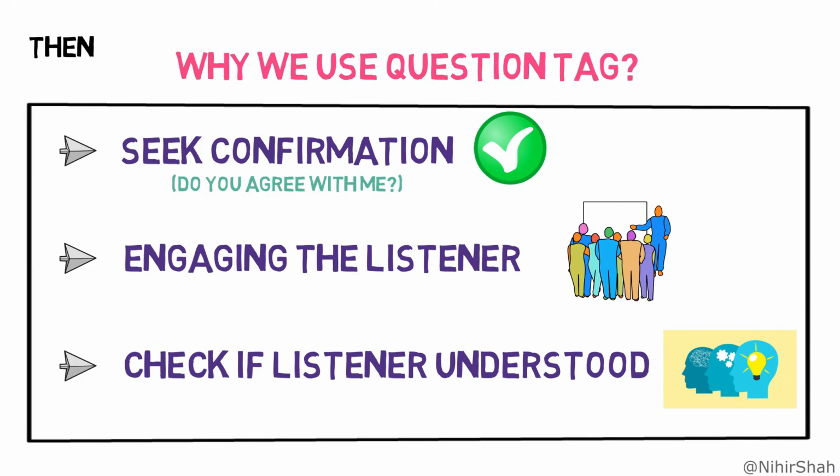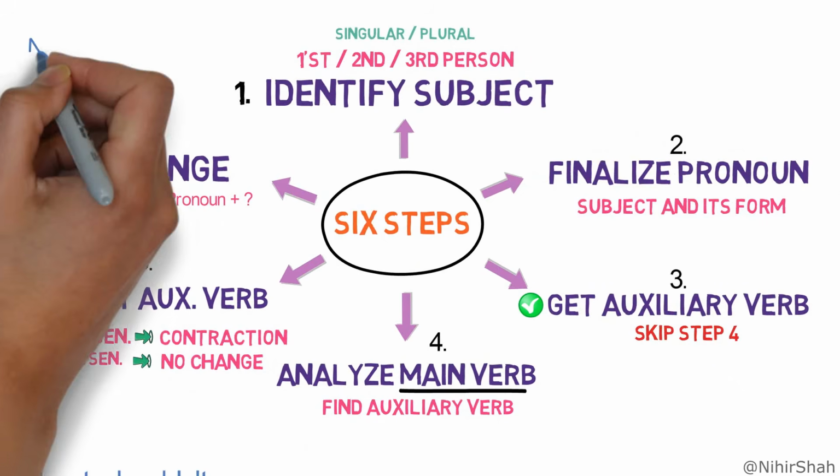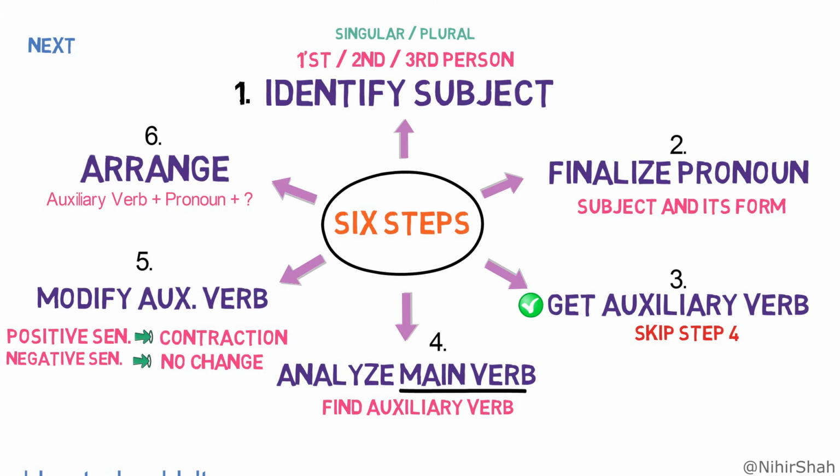Then we learned why we use question tags. The main reasons to use them are: number 1, seeking confirmation; number 2, engaging the listener; and number 3, checking if the listener understood or not. Next, we learned the 6-step formula to create a question tag.